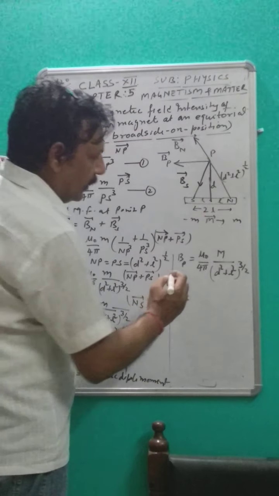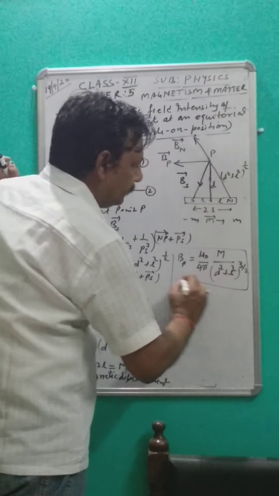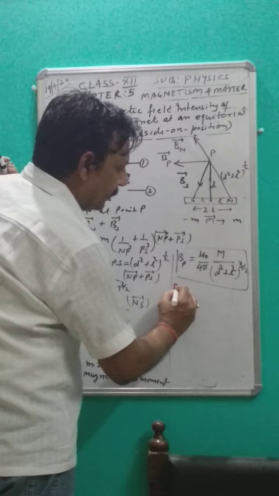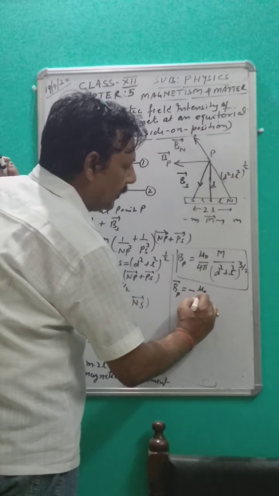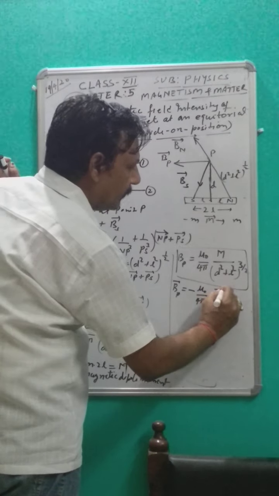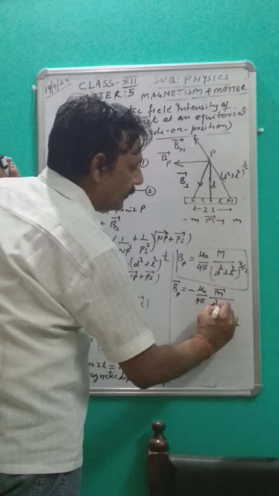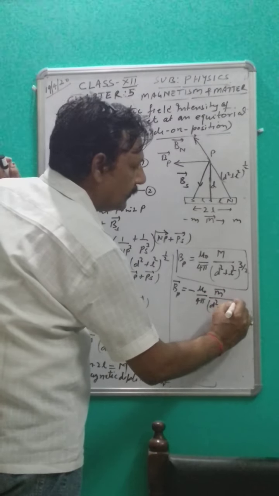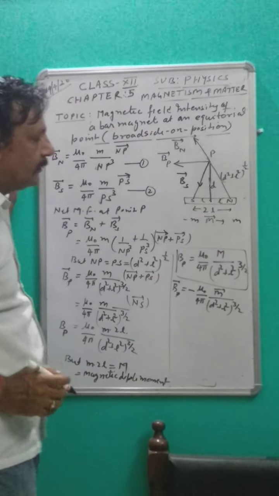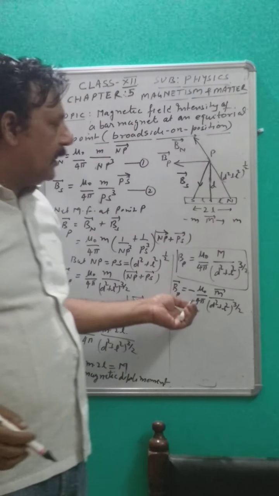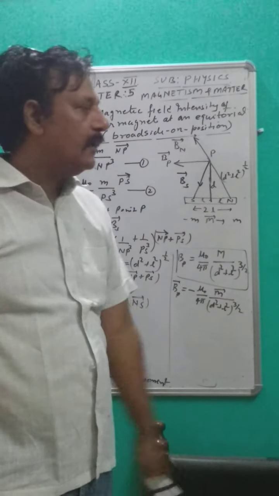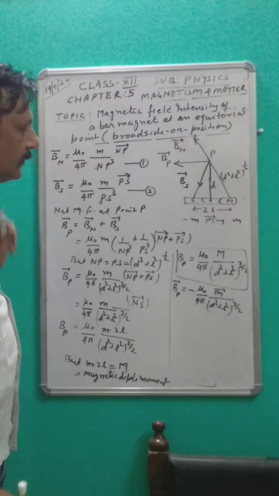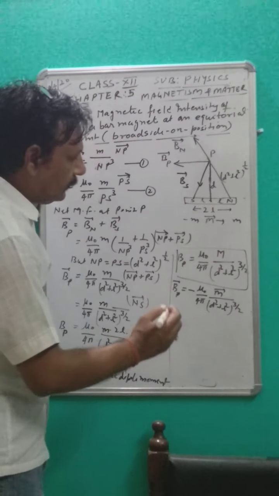So in vector form, Bp is equal to minus mu naught upon 4 pi, M upon d square plus l square to the power 3 by 2. We put the negative sign because Bp and the magnetic dipole moment are opposite to each other.